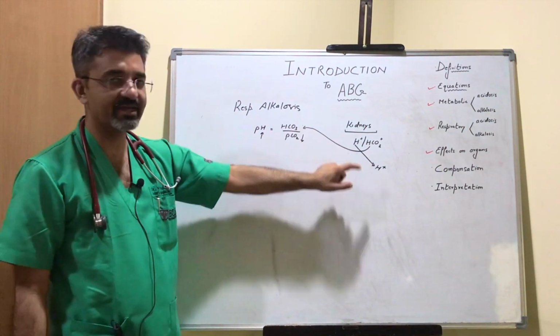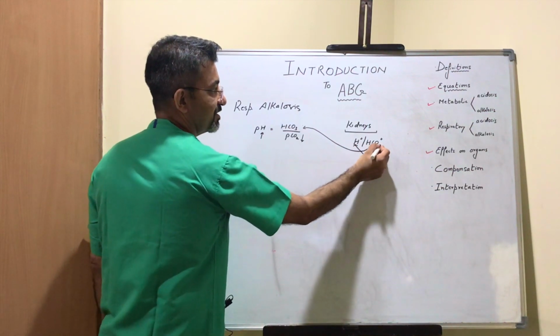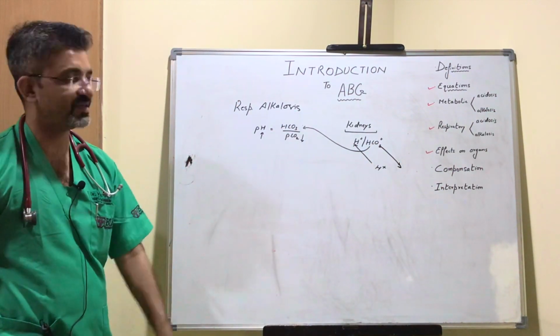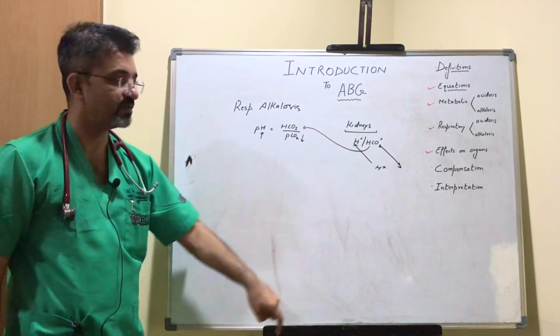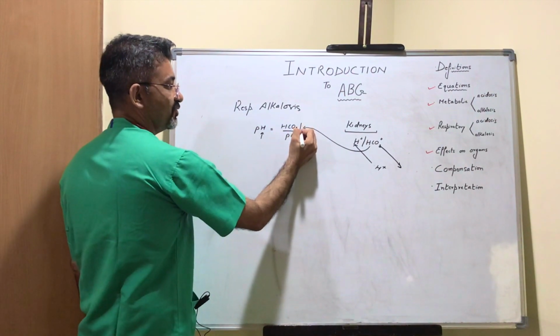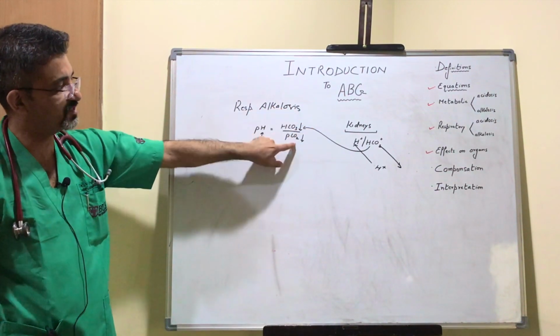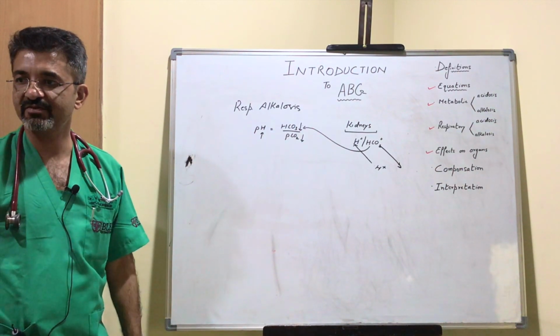What will happen to my kidneys? They will conserve hydrogen ions and they will secrete bicarbonate. If I secrete bicarbonate, or I have bicarbonaturia, my absolute HCO3 value in my blood goes down. If HCO3 goes down, PCO2 is already down, so the net result will be near normalization of pH.